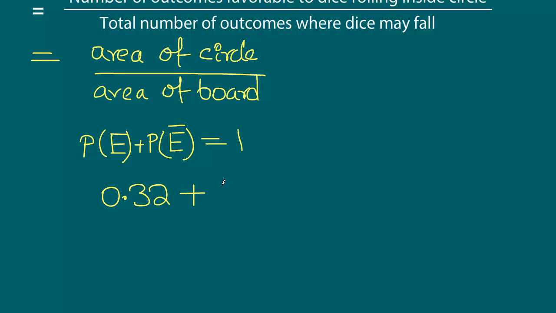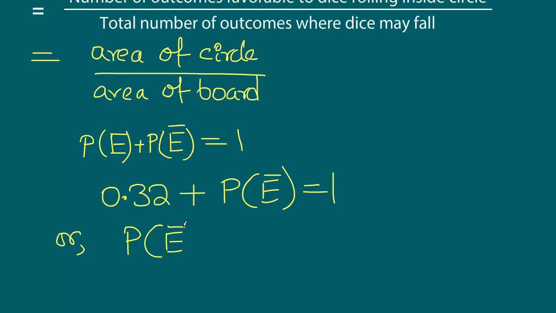Then we have this plus this equal to 1, so the probability of the complementary event, E dash, that the dice never falls inside the circular region, will be 0.68. This is how we solve questions where geometry mixes with probability.